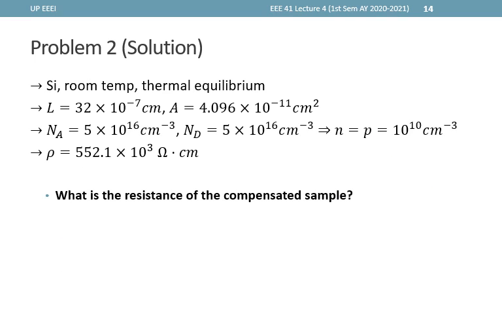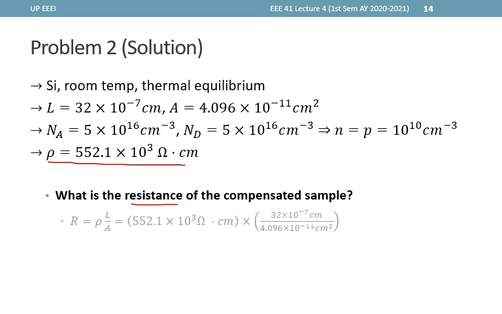So we note that our new resistivity value for the compensated material and proceed with computing the resistance, which is given by simply rho L over A. So the dimensions did not change, but the resistivity changed. And so since the resistivity increased, then the resistance must increase.